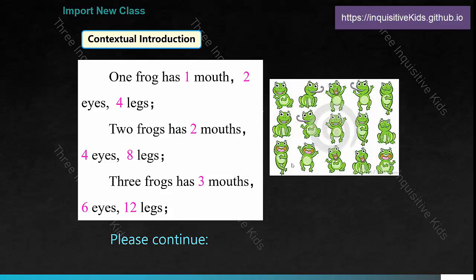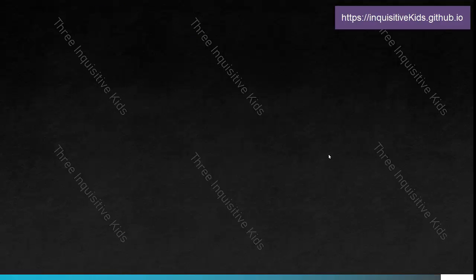So I'm going to be asking you to continue this pattern for all sorts of these frogs over here. I'll be waiting. Found a pattern? Okay, let's see. If we have 10 frogs, how many mouths are we going to have, and how many eyes and legs?